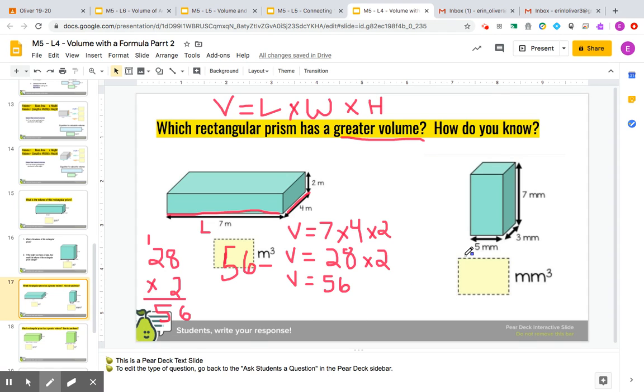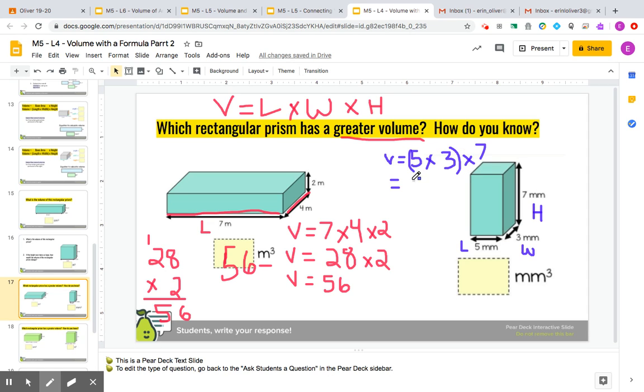But now I need to find the other volume. Okay, we're still going to do that same equation. Length times width times height. So we have volume equals 5 times 3, because our length is 5, our width is 3, and our height is 7. This is going to be a tricky one because the numbers aren't exactly that easy together. So I'm just going to go down.